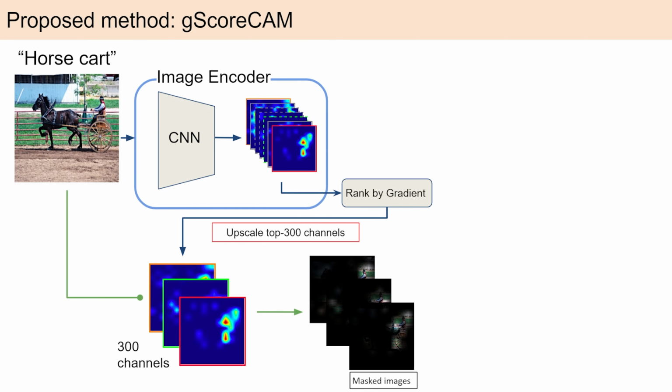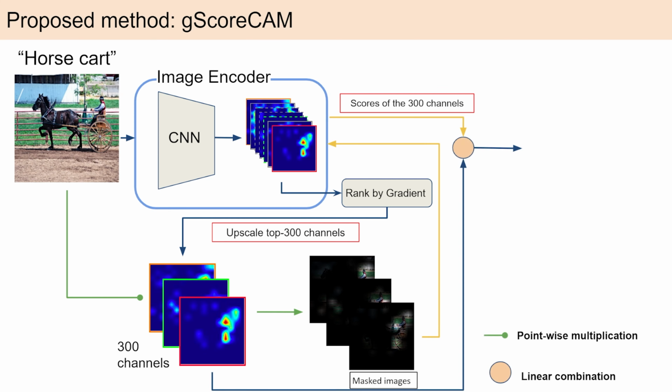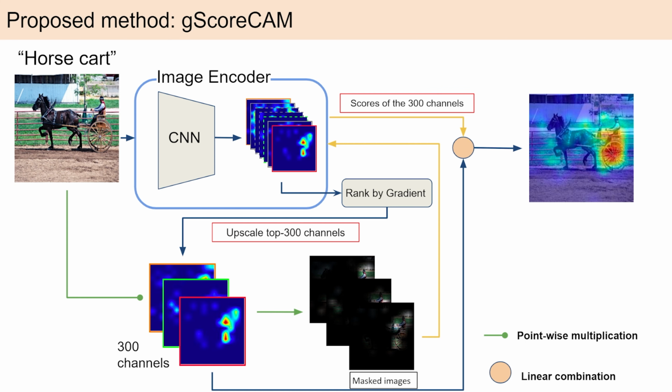After that, we mask the input image with selected channels to obtain 300 masked images. We pass these 300 masked images back to CLIP and obtain importance scores for the channels. Finally, using the importance scores as coefficients, we linearly combine the channels into a single CLIP heat map.